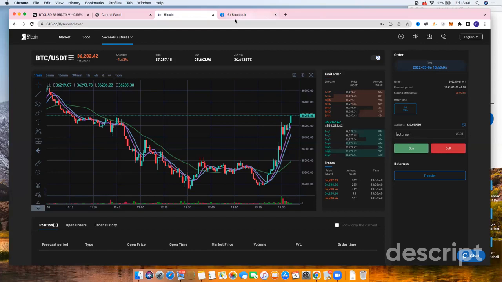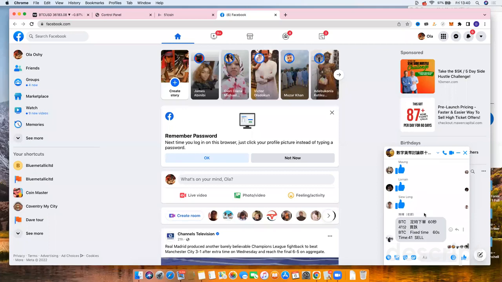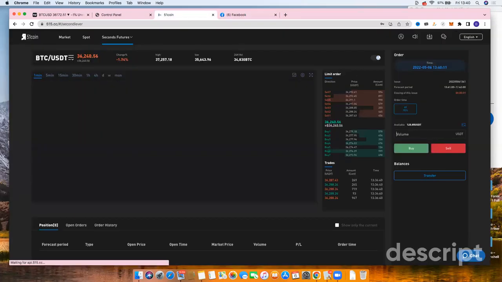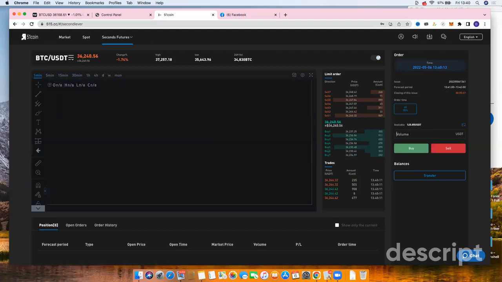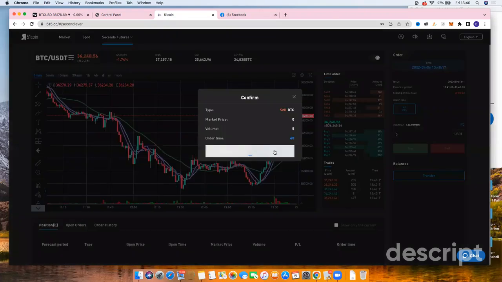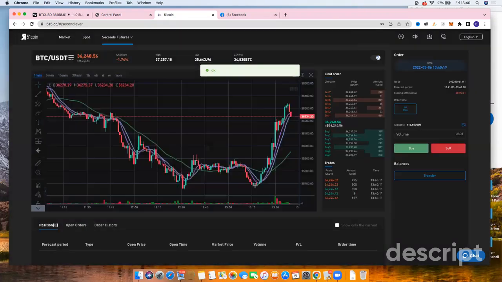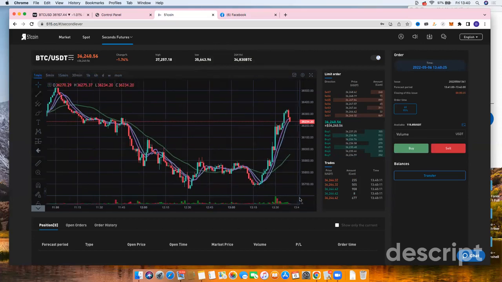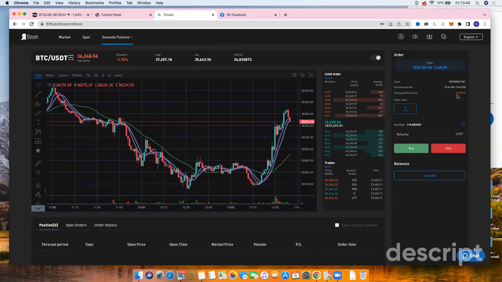Okay, now we've gotten a signal for sell 60.41. So what I'll do is, at 41, I'm going to put 5. Then I'm going to click on sell. You can see the time counting down. Sell. I'm doing 5 USDT.